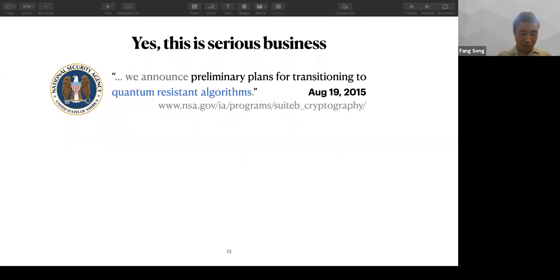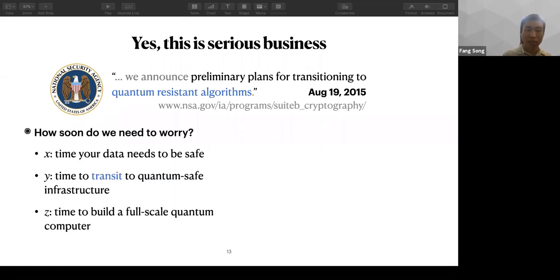Okay, so when this is announced in public, it's serious. But how soon do we need to worry? I guess that depends on 3 variables. So you have X, which is the time your data needs to be kept safe.